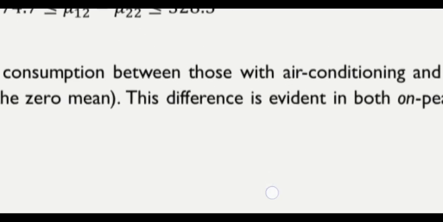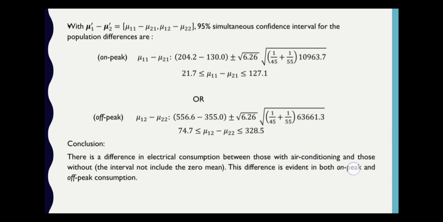The difference is evident in both on peak and off peak. Kalau both of the confidence intervals adalah different, we conclude as different. So for overall, baru kita boleh katakan there is a difference in the mean electrical consumption between the first population and the second population. Okay, if we are using the confidence interval.